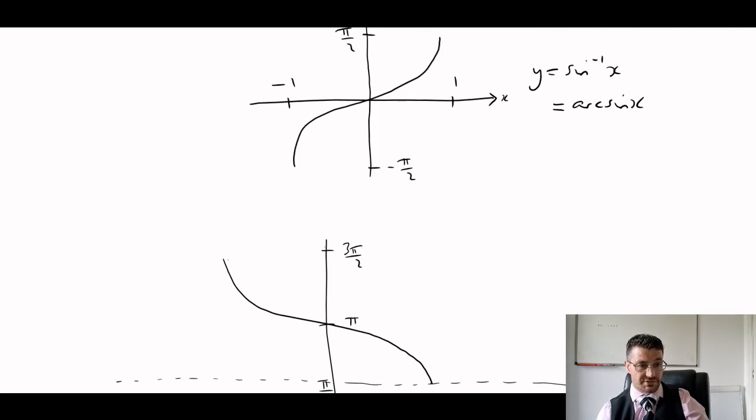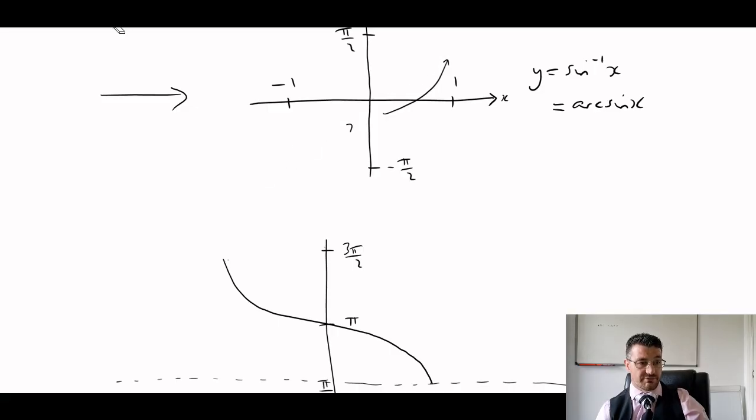So compare that with the graph of what we had before. Before, with the restriction between minus pi by 2 to pi by 2, we got a graph that looks like this. It starts down here and it goes up like that.